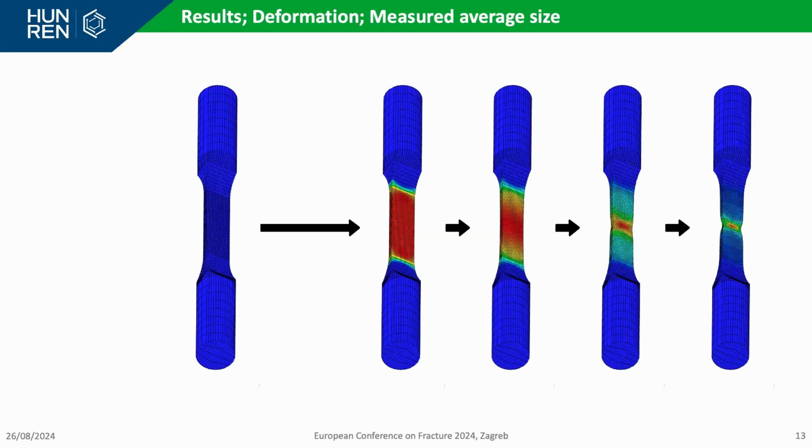But the third model, which contains the very slight differences on the surface, is showing some difference. You can see that the strain field is non-uniform. The necking occurs earlier, and the necking is asymmetrical. It occurs close to one of the heads. So there is a difference.